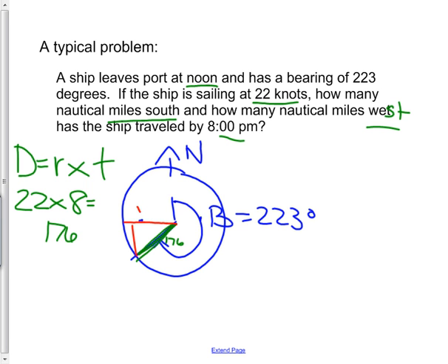So this would be the distance west, right? North, east, south, west. And this would be the distance south. But before we can find these, we have one side length. But shouldn't we find a degree so we can use our trig functions? Couldn't we find that angle right there, the red?